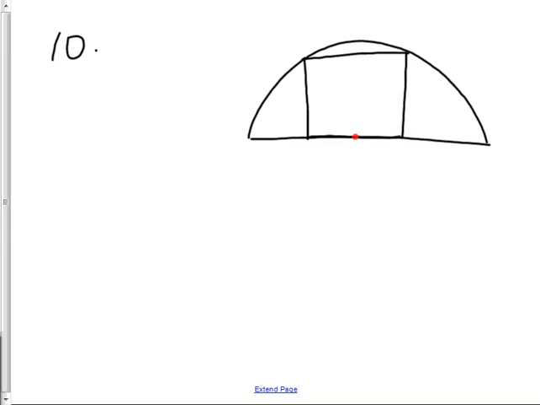Yes? Yes, where it touches. That's a good place to put the radius, because that way it combines both the circle and the square. You've got to find that spot where to draw the diameter, or to draw, in this case, a radius.